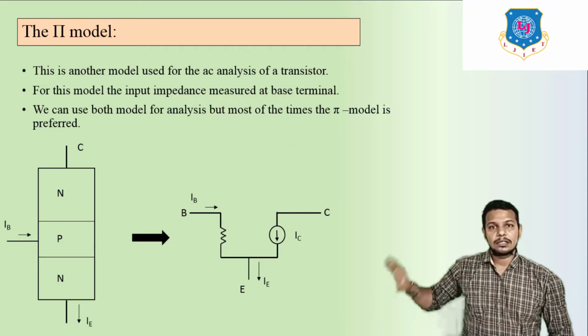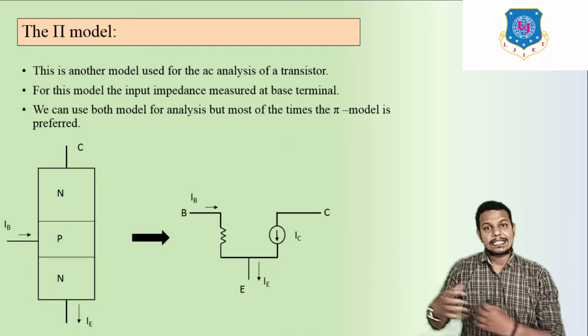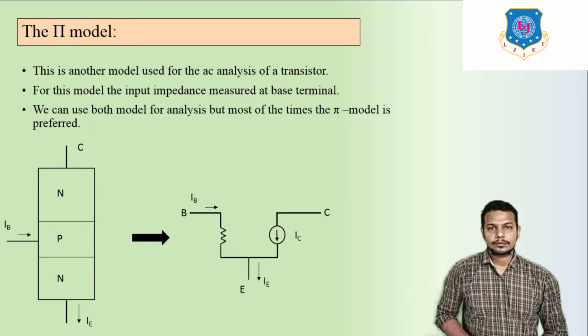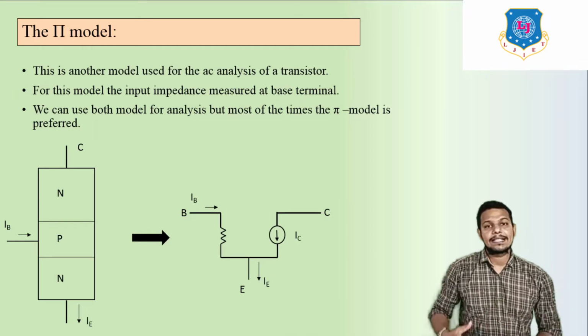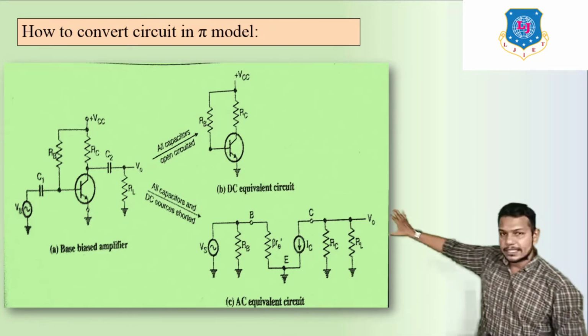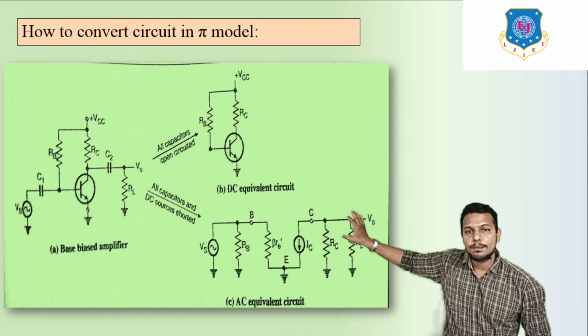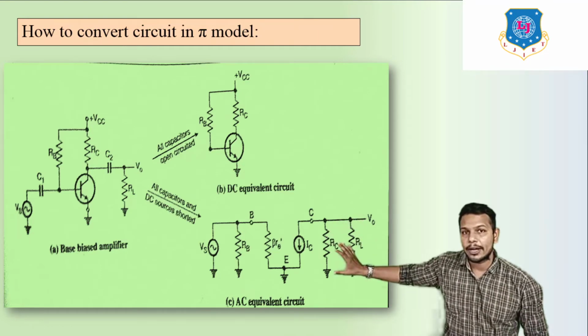So through the T and pi models we can analyze the AC circuit. How can we analyze the AC circuit? Here we can see from this figure that this is your circuit diagram, which is a base biased amplifier.